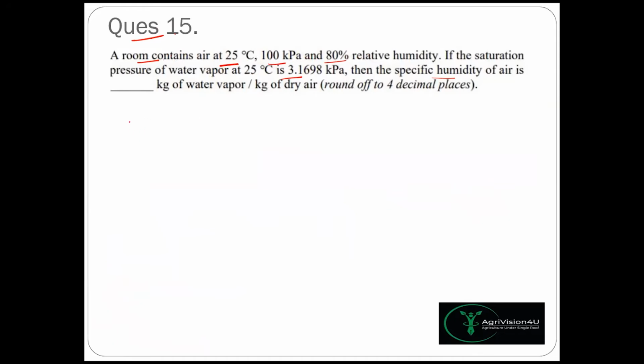So initially, if we are talking about the relative humidity, the relative humidity would be equal to PV by PVS, right? So saturation vapor pressure at 25 degrees Celsius is also already given. So 0.8 would be equal to PV divided by 3.1698. Hence, PV would be equal to 0.8 times 3.16, and that will be 2.5354 kilopascals. That means partial pressure of water vapor at 25 degrees Celsius is 2.534 kilopascal.